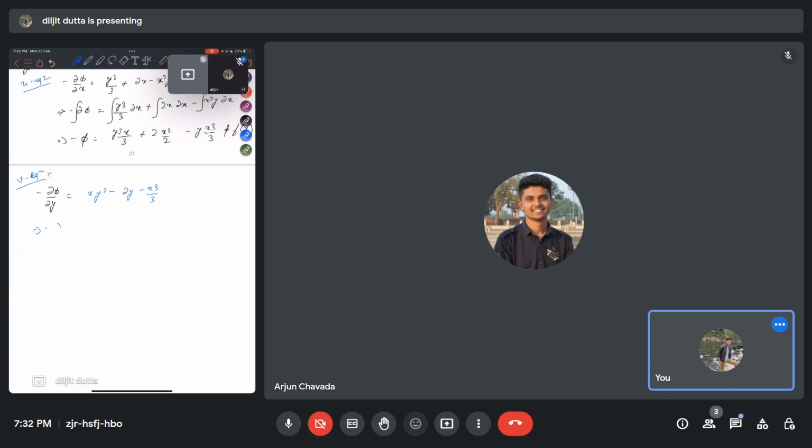So minus phi equals x into y cube by 3 minus 2 into y square by 2 minus x cube y by 3 plus function of x.